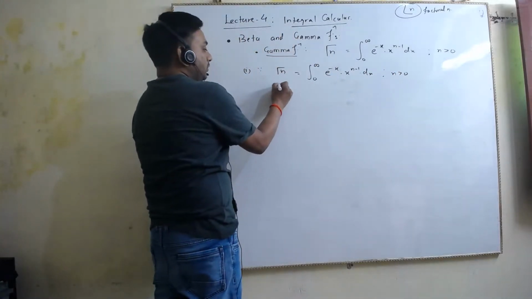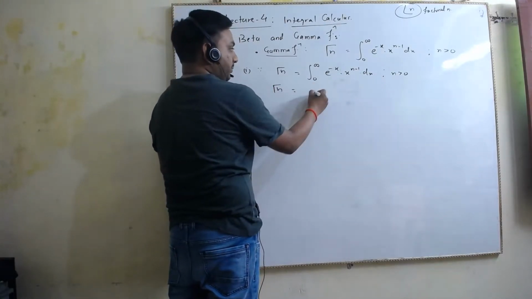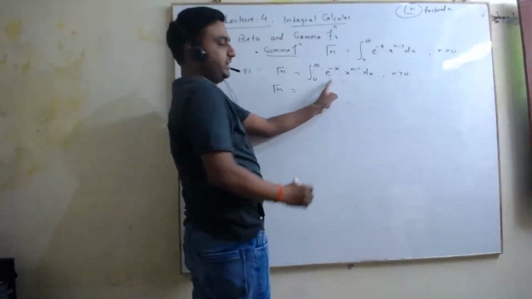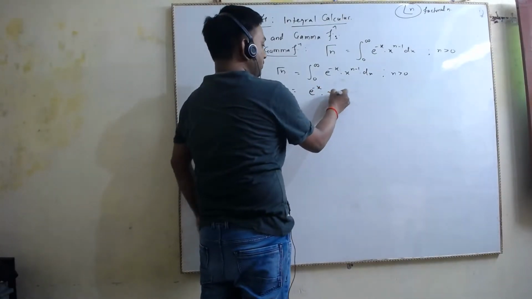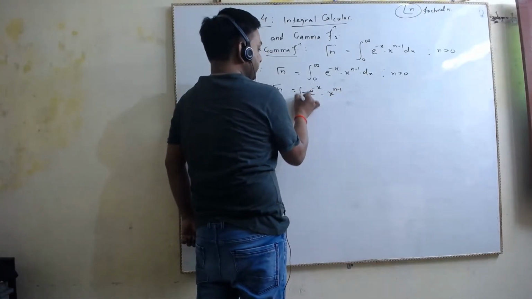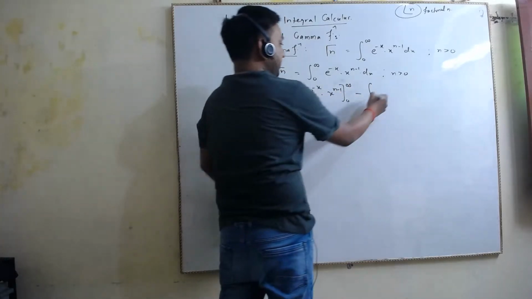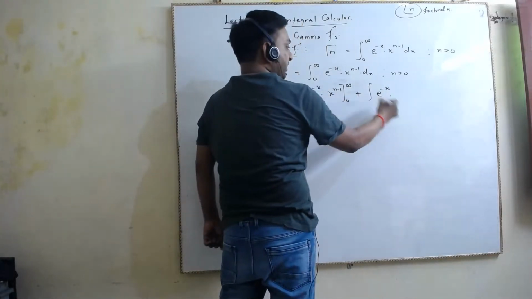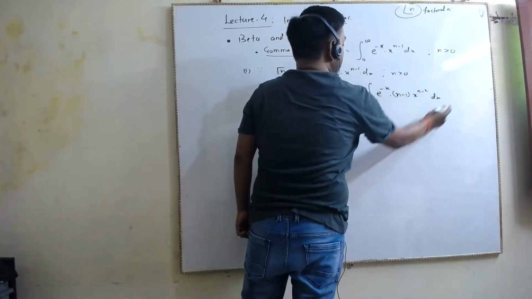So if I apply integration by parts here, what will happen? यहां पर चेक करेंगे: e raised to the power minus x into x raised to the power n minus 1, minus the integration of e raised to the power minus x, which is minus e raised to the power minus x, times the differentiation of x raised to the power n minus 1, which is n minus 1 x raised to the power n minus 2, dx.